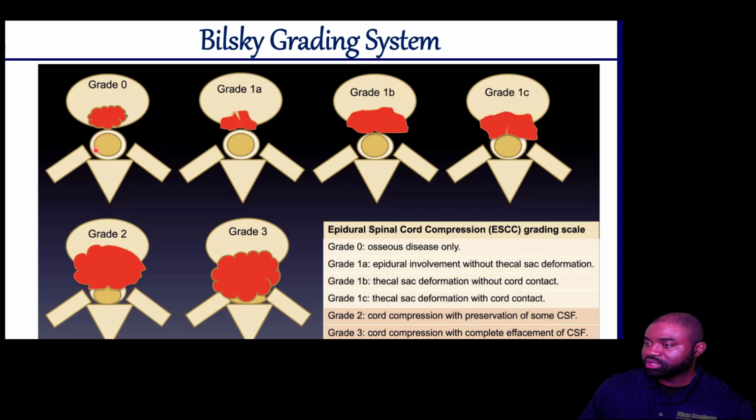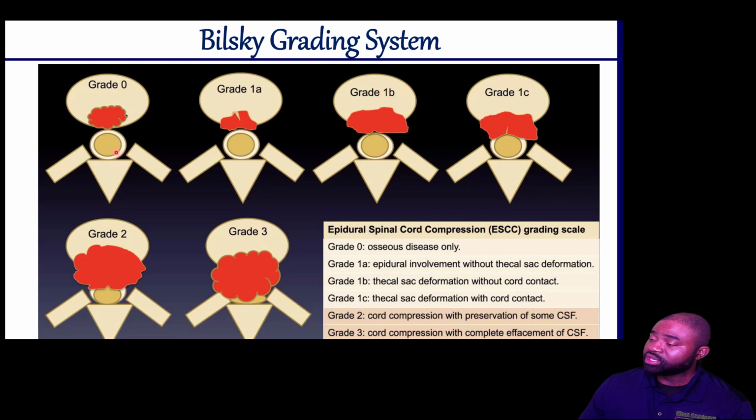This is the spinal canal. This is the spinal cord. For grade 1B, there's a little bit of thecal sac deformation, but no contact with the spinal cord yet. But for grade 1C, the thecal sac is deformed and the spinal cord is in contact.